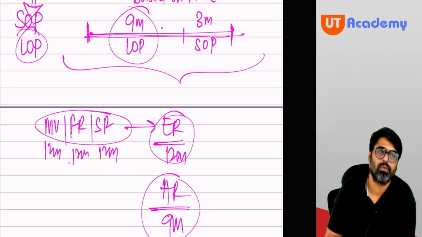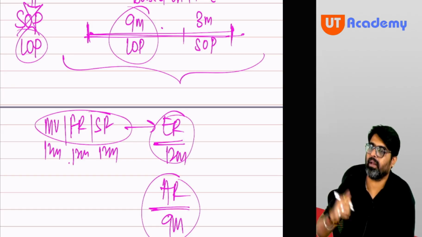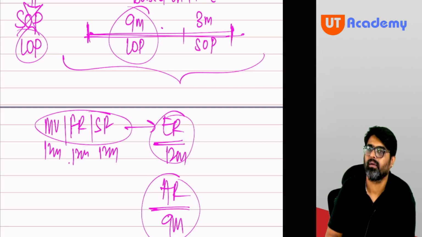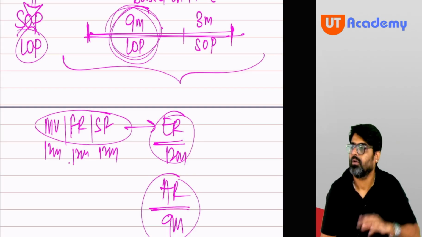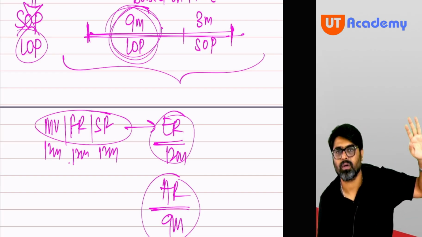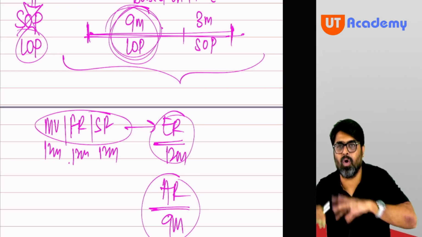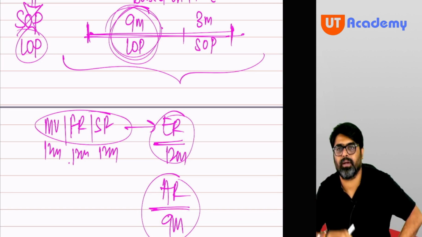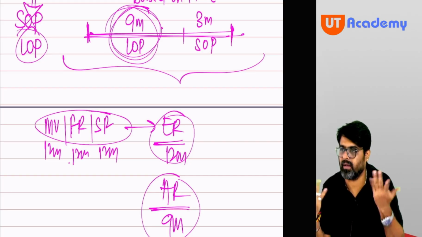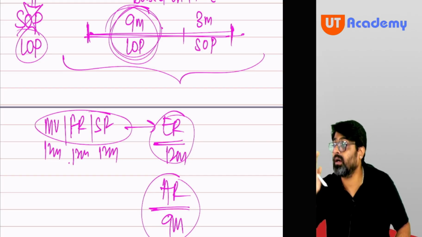Yes or no? So tell me, was my property vacant for even a single day? 9 months, somebody else is occupying because it was let out, and 3 months I am occupying. It is self-occupied. Was the property under lock and key, completely vacant? No, not for a single day also.